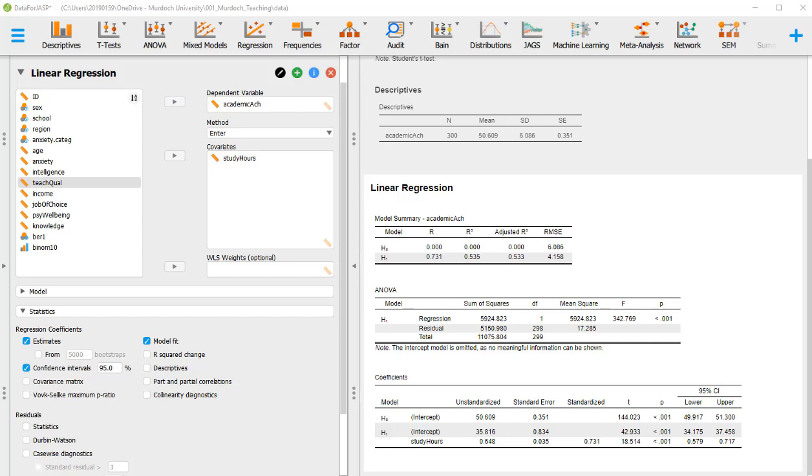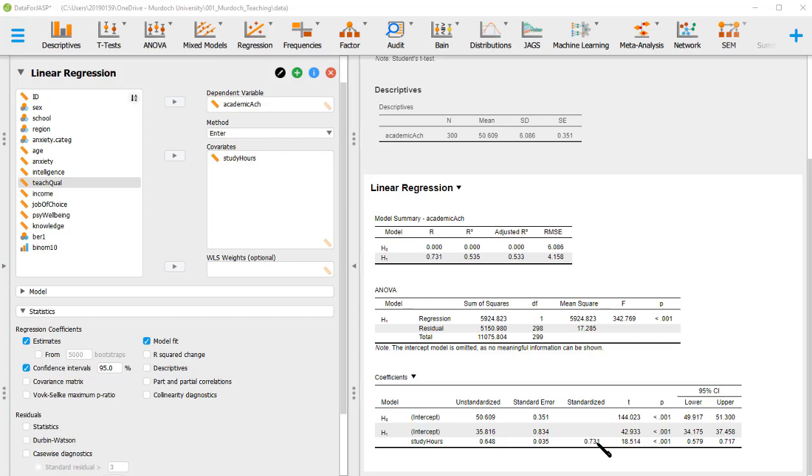Okay, so what does the 0.731 standardized coefficient for the slope mean? Instead of saying the increase in academic achievement as a function of an increase of 1 hour of study, this is the increase in standard deviations of academic achievement as a function of an increase of 1 standard deviation in study hours.